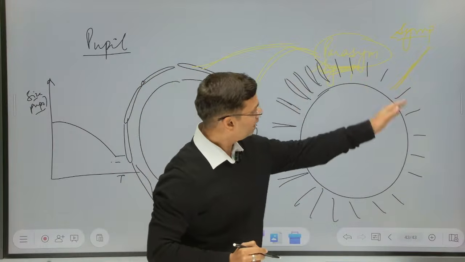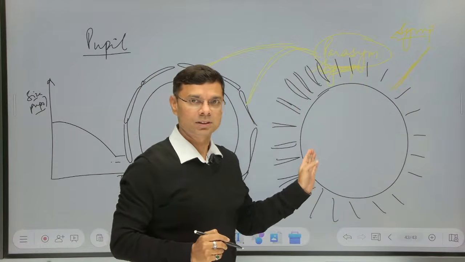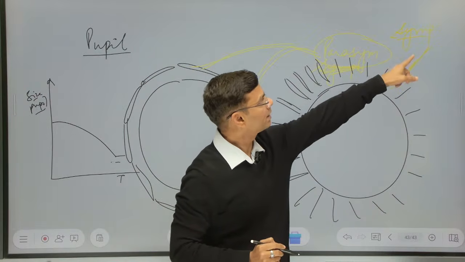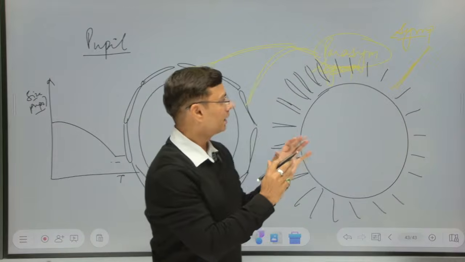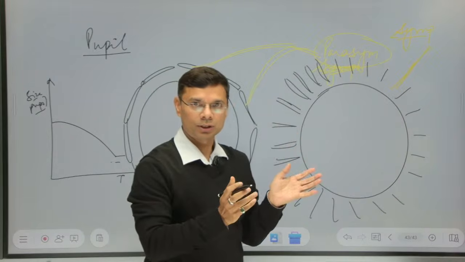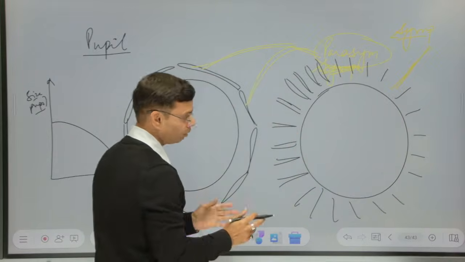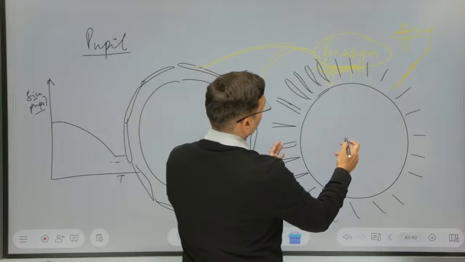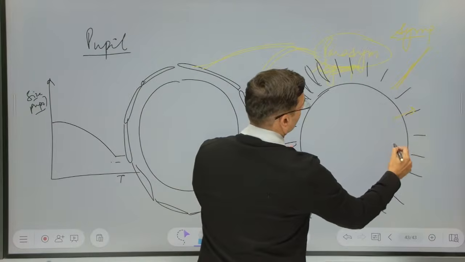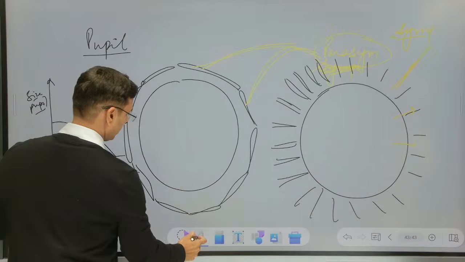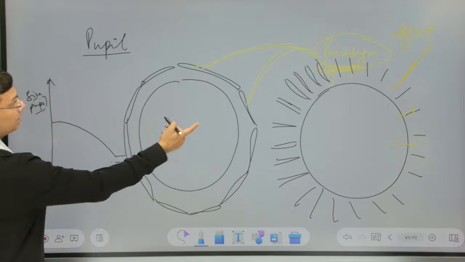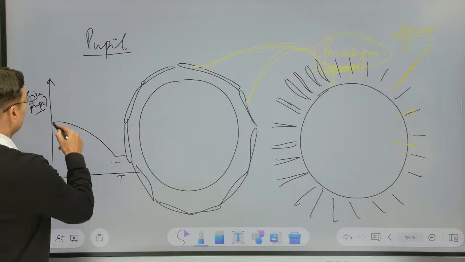So the same smooth muscle cells, when excited by the sympathetic nervous system, again contract. Smooth muscle contracts, the same thing they are doing at a cellular level. But what will happen this time? It dilates. So what process is happening there? It is mydriasis, and the other is miosis.